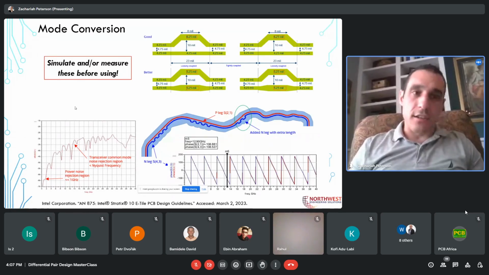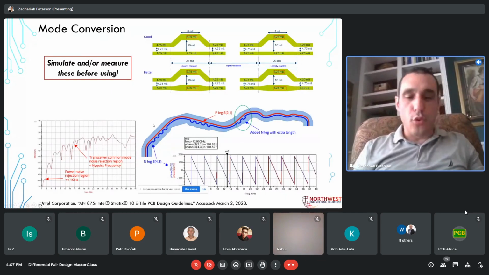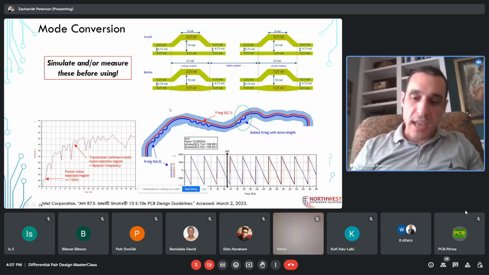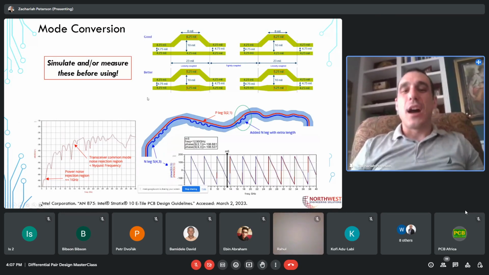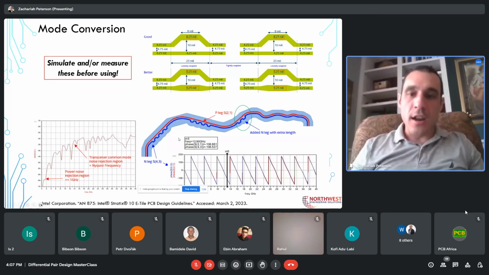Now, this application note is from Intel, and I don't normally show application notes from semiconductor companies talking about issues in PCB design. However, they did a really good job of evaluating what they're showing here and showing whether or not it actually works, and then analyzing what happens on the PCB.